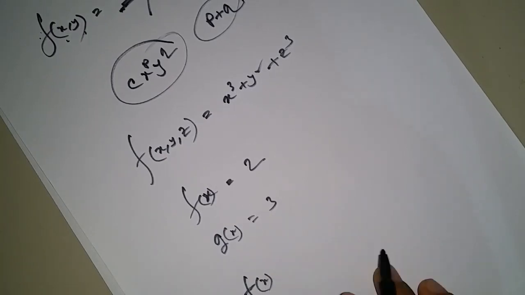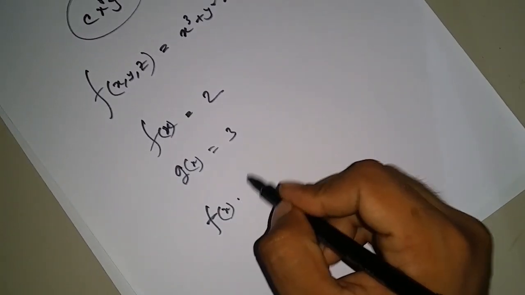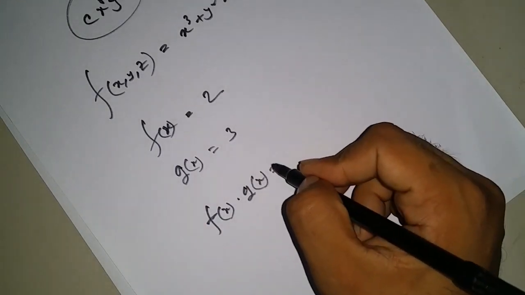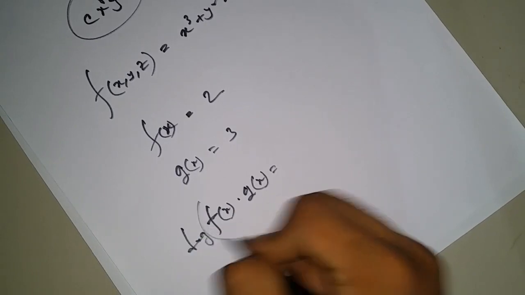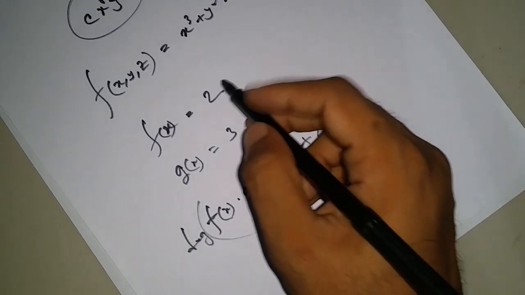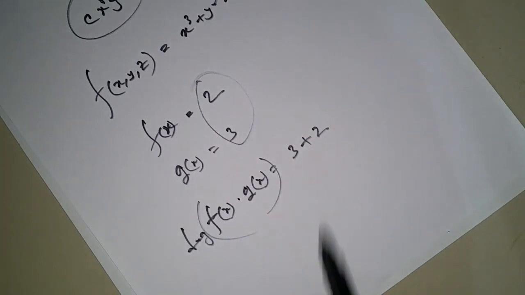That means f of x into g of x is also a polynomial, and its degree is equal to 3 plus 2, the sum of the degrees of these two polynomials.